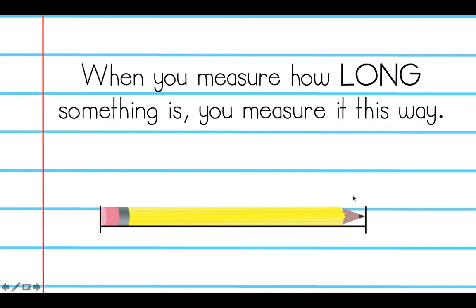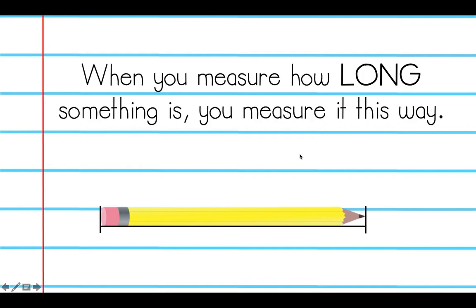So here we have when you measure how long something is, you measure it this way. So you would have something, a line or something like this, and whatever the object is, like here the pencil, you move the pencil right up to the line, and then you measure how long it is. Oh, I see now.